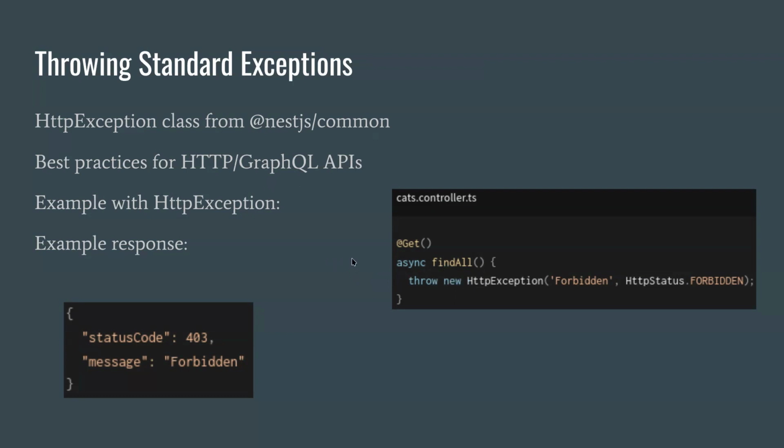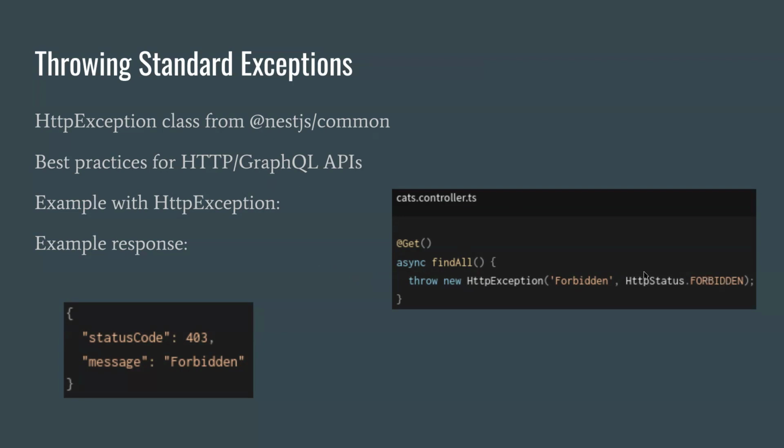For instance, let's consider the find all method in the cats controller, where we are intentionally throwing a HTTP exception with a forbidden message and a forbidden status code, which is 403.